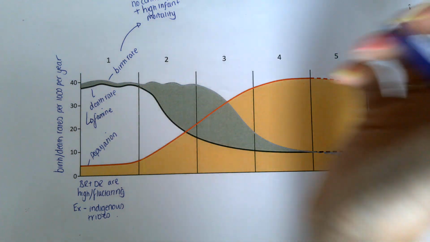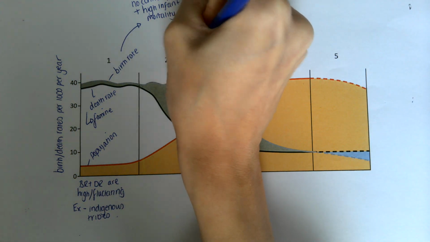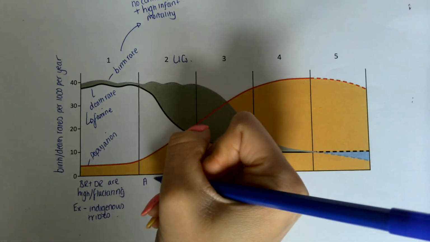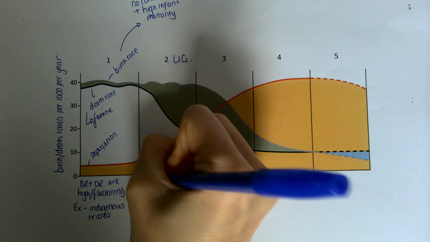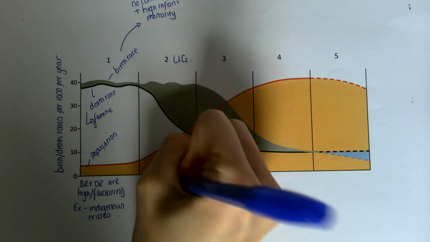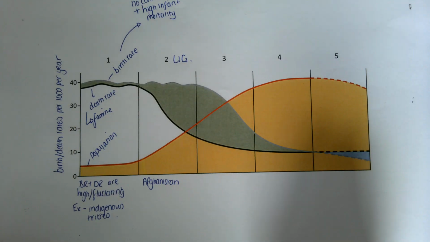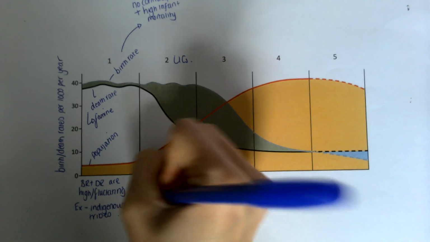Okay, stage 2 are your LICs. So a stage 2 country might be something like Afghanistan, or for example Gambia, which has a HDI score of 0.4.